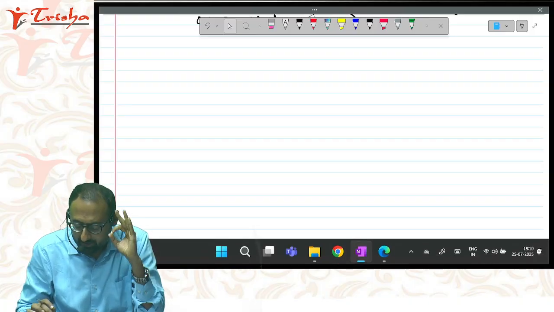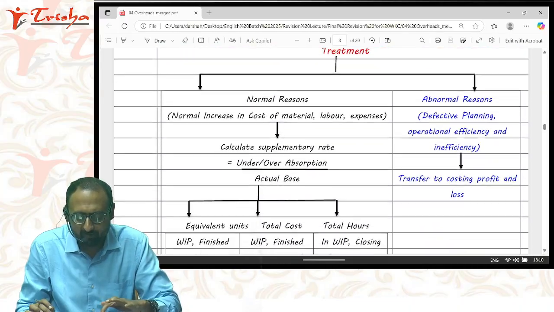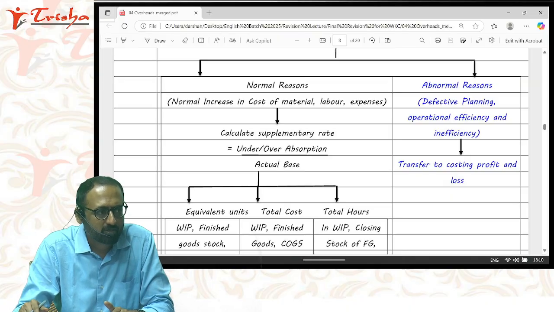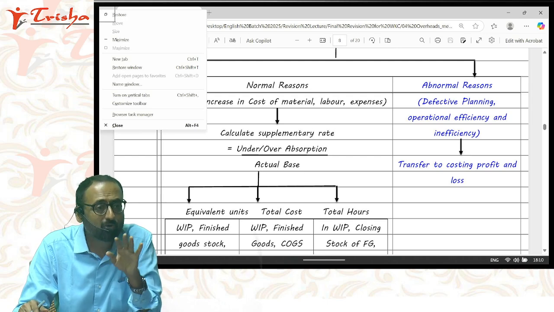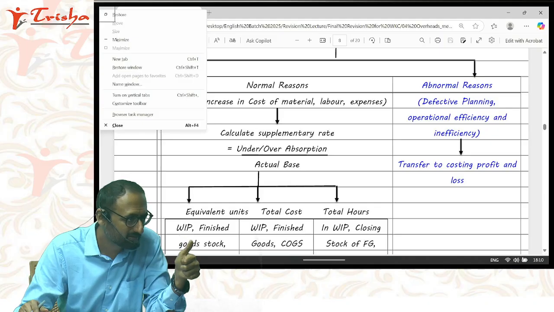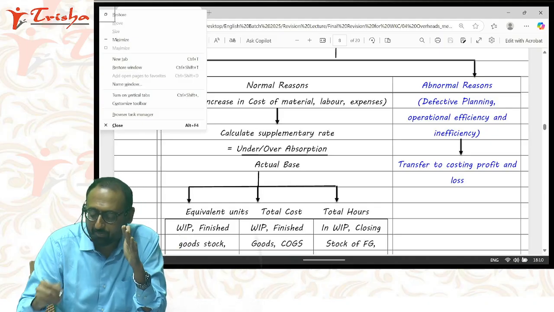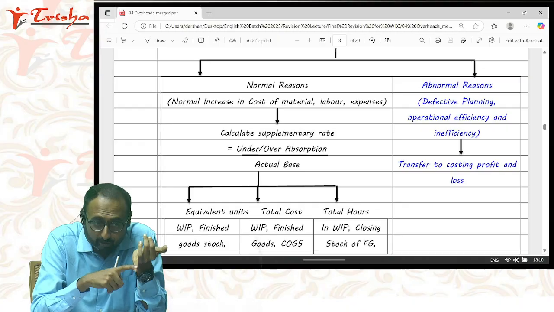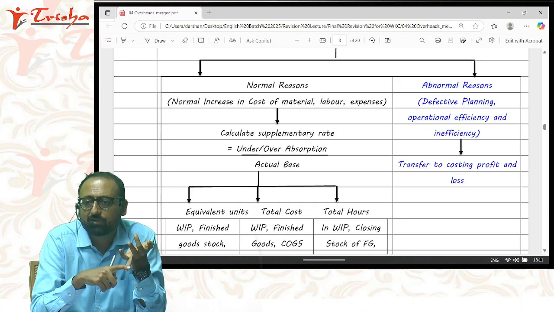Next part. Sirji, under absorption, over absorption, the next part will be, you'll have to find the reason for that under absorption or over absorption. If the reason for under absorption or over absorption is because of abnormal reasons, remember the wordings: lack of planning, defective planning, lack of coordination, inefficiency of the worker.